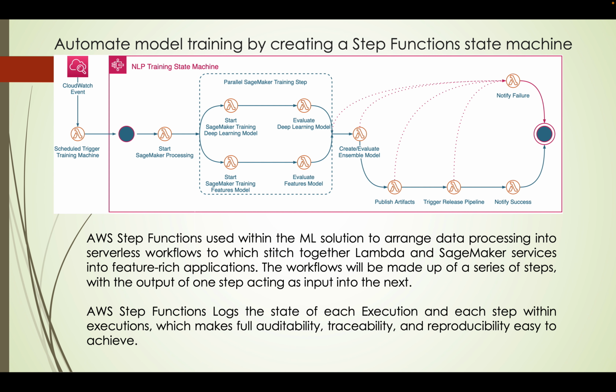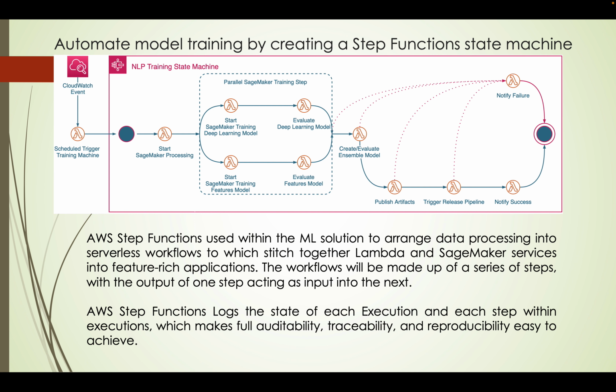It is stitching together the SageMaker services with the help of Lambda functions, and performs a series of steps, with one step leading to the other. If you see here, it is getting triggered, then starting the SageMaker processing, and then it is training the deep learning model, in this case doing parallel training steps, and then the model is getting created and deployed.